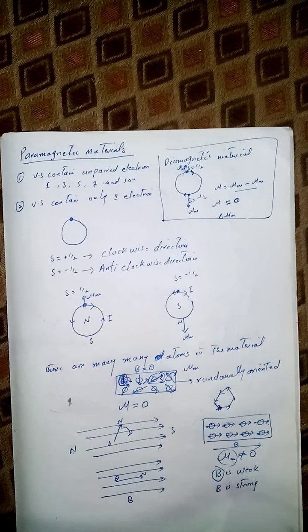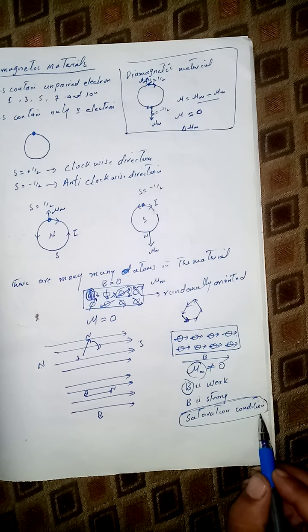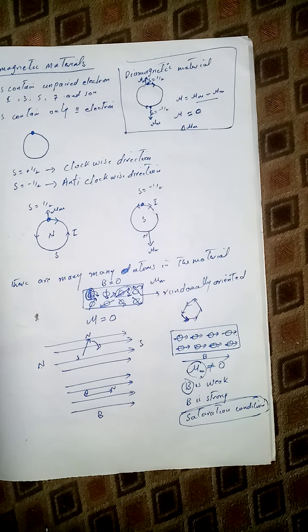Saturation condition means the magnetic field where all the dipole moments align in the direction of the magnetic field, so we have the maximum dipole moment and saturation is achieved.